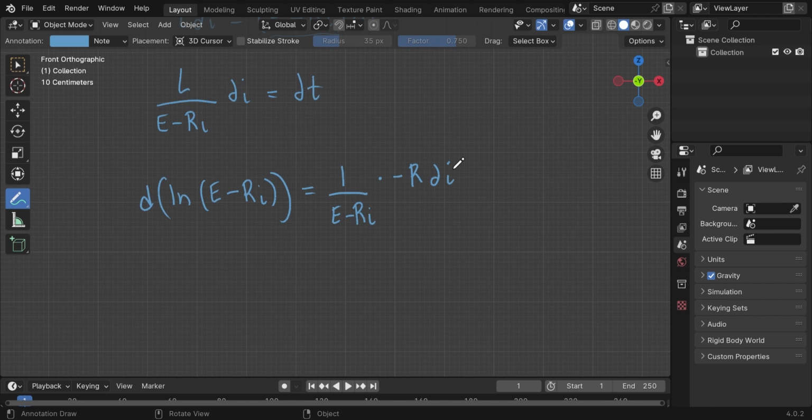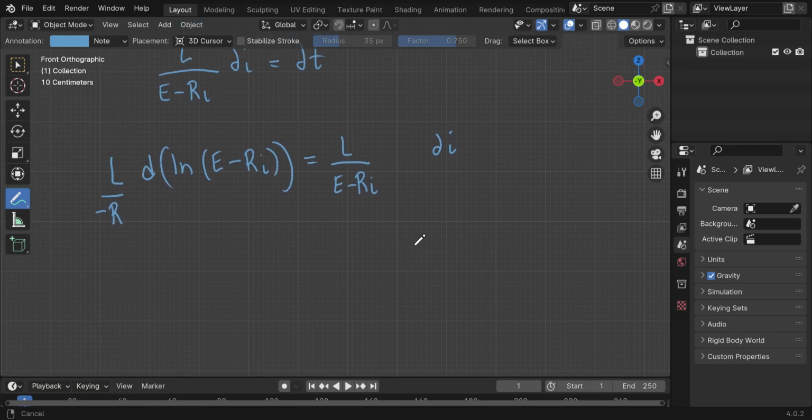So that's kind of close, except we have a negative R di instead of an L. So what if we initially multiply by the L constant and divide by a negative R? That turns this into exactly what we need.